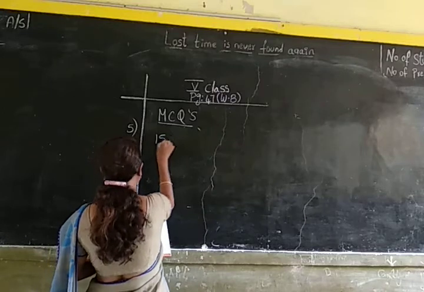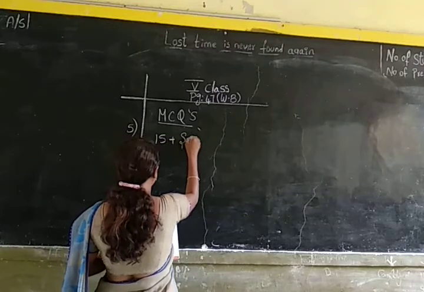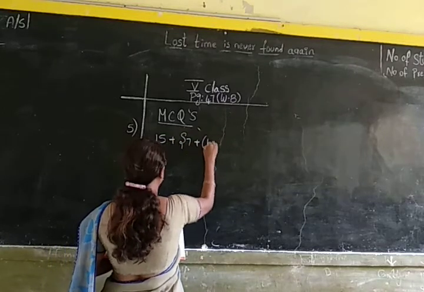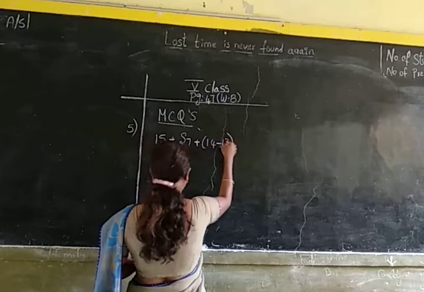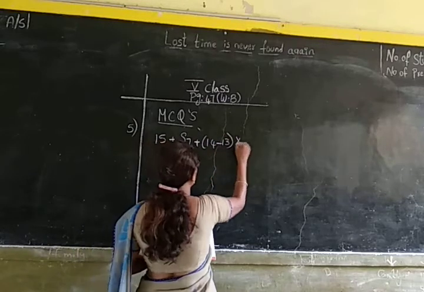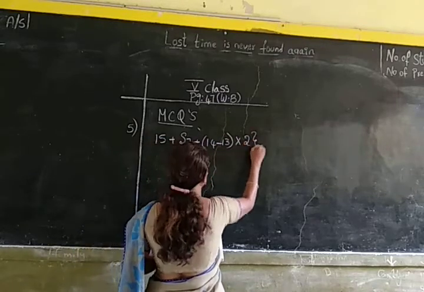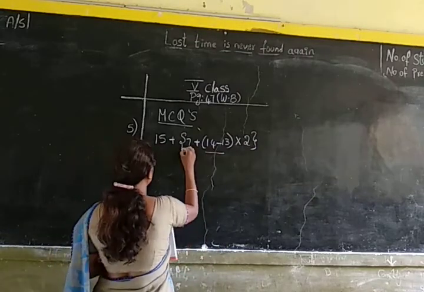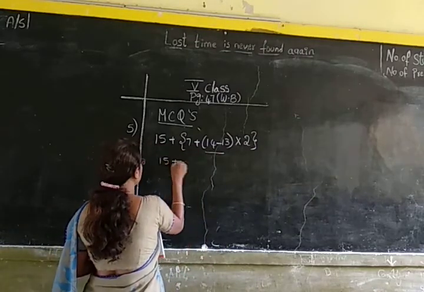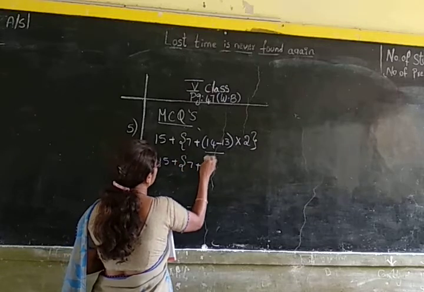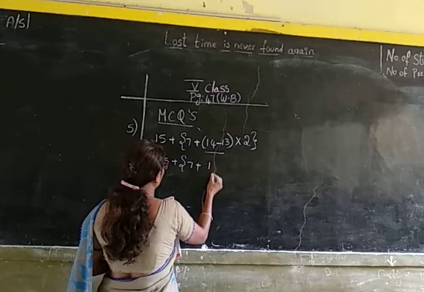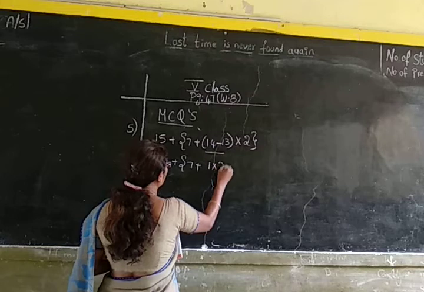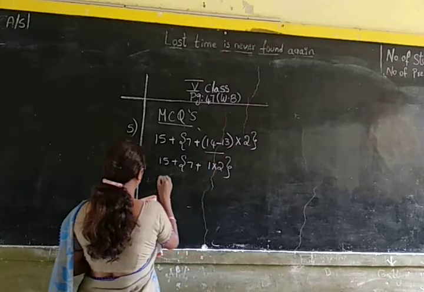So 15 plus 7 plus 14 minus 13 into 2. Now we have to solve this expression. First we have to solve the round bracket, isn't it? 14 minus 13 is 1, into 2, flower bracket.